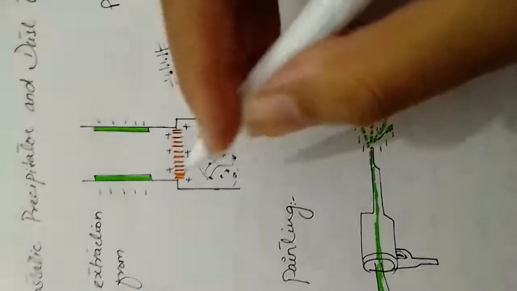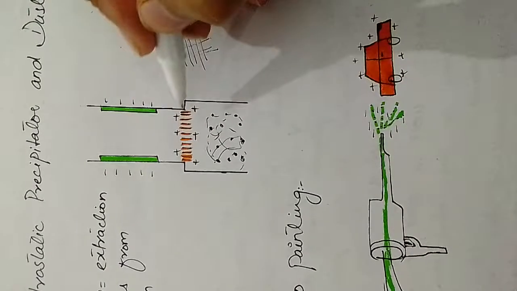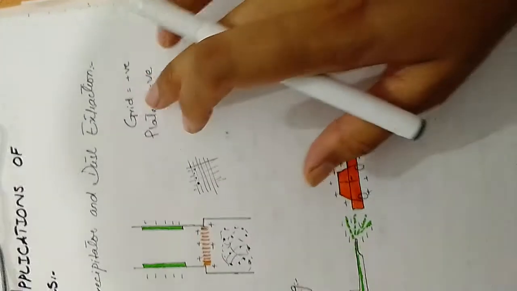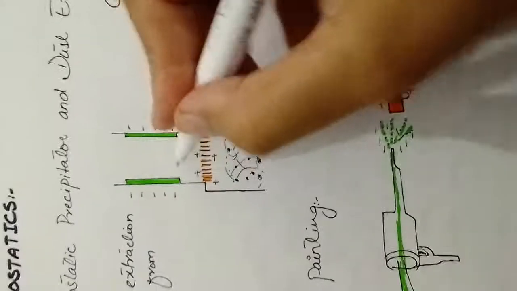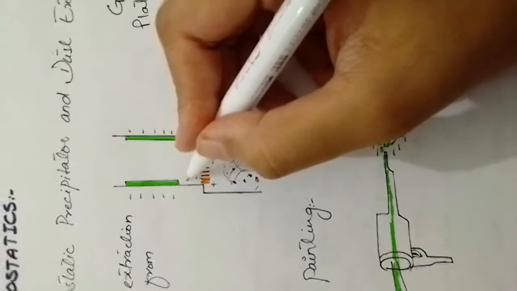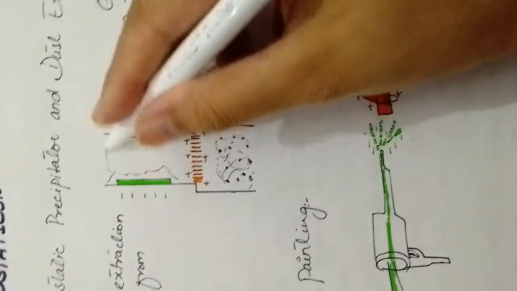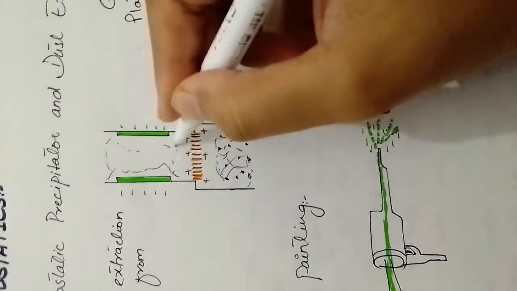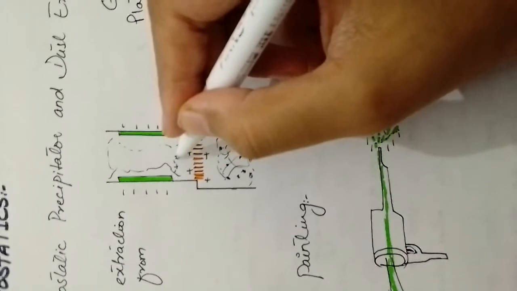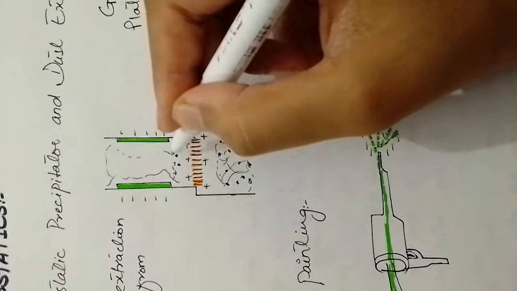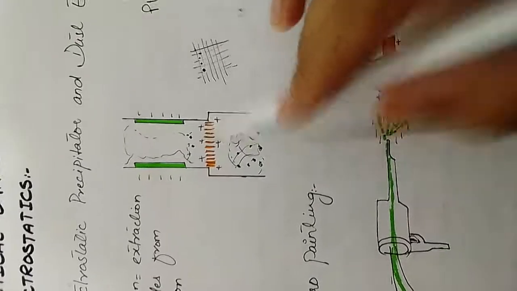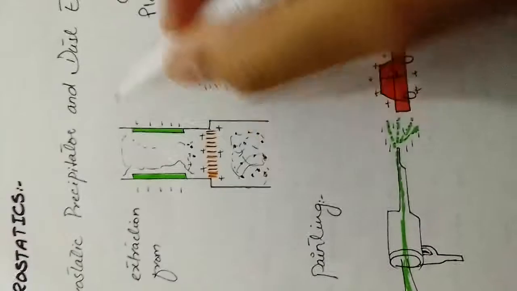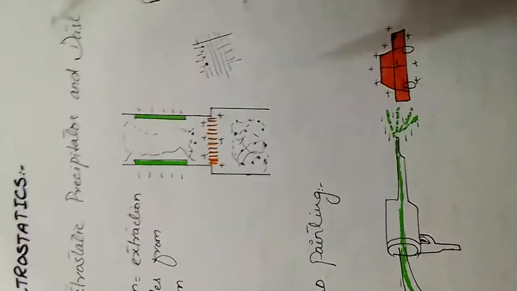After passing through this wire mesh, which you can call a positive grid, the smoke will be positively charged. After that, the particles will encounter some negatively charged plates.